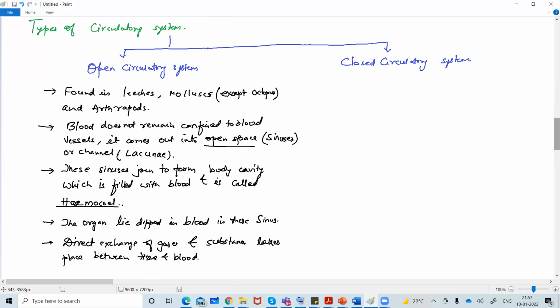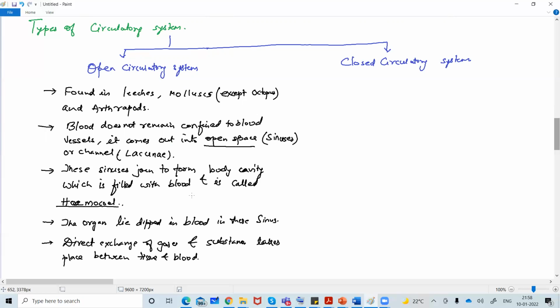And the very unique feature is that the blood flowing in the open system always moves with low pressure, right? Any reason why? If you see the structure of blood vessels present in these organisms, they don't have smooth muscles.